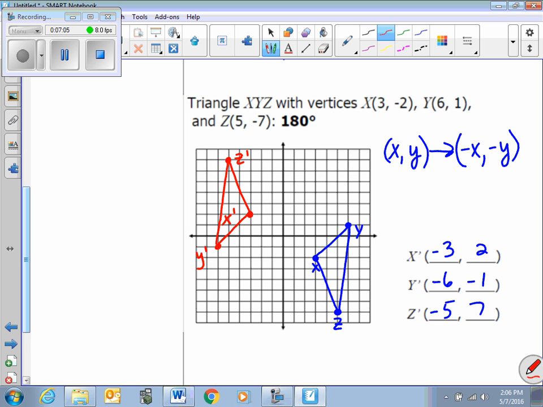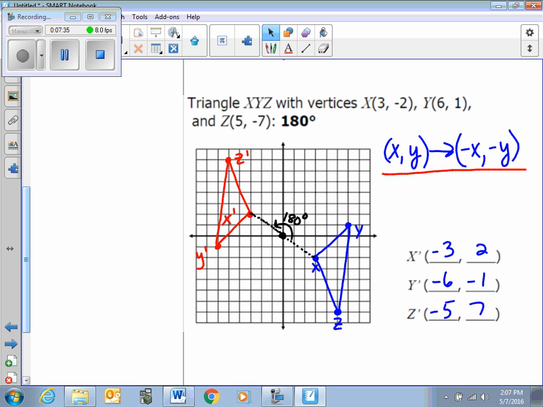All I did, guys, is I applied this rule right here to find my new vertices. And you can see that if I did the same thing that I did above, if I draw one side of my angle of rotation to X, the other side to X prime, I do indeed have an angle of rotation of 180 degrees. And the same would be true, of course, for the other vertices of the triangle.